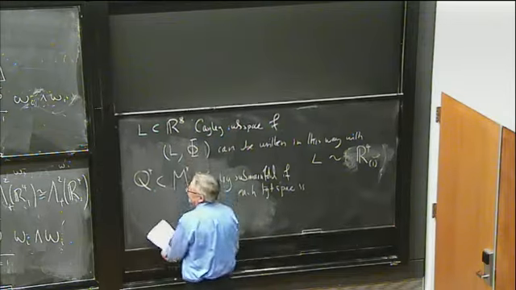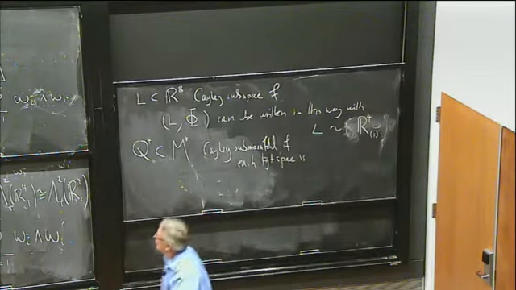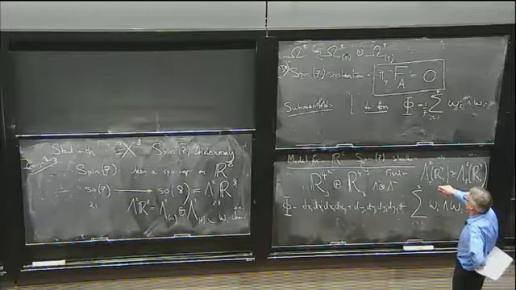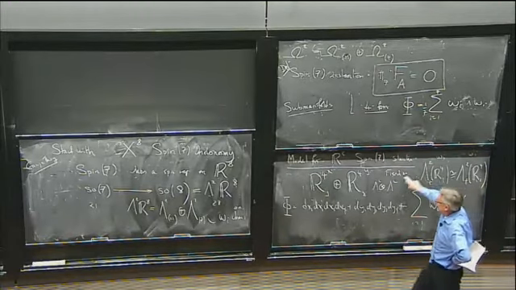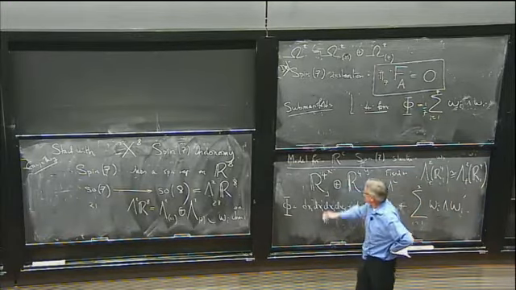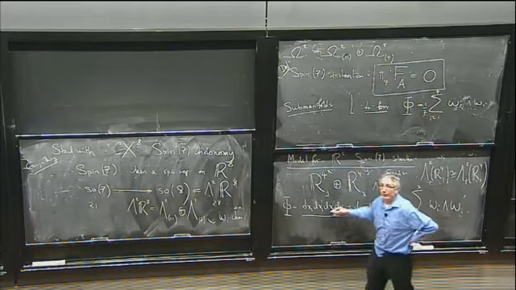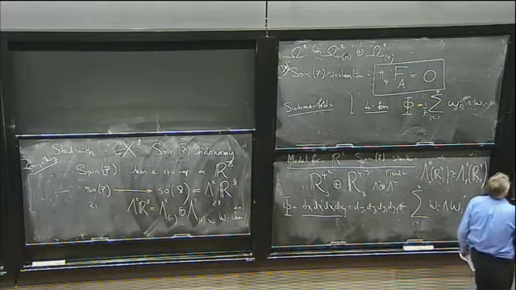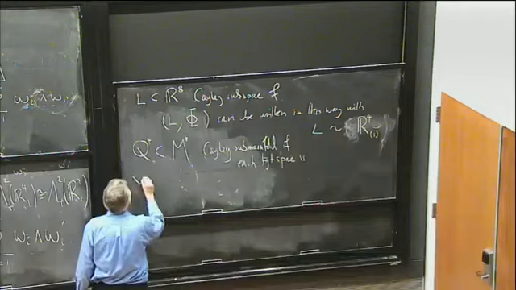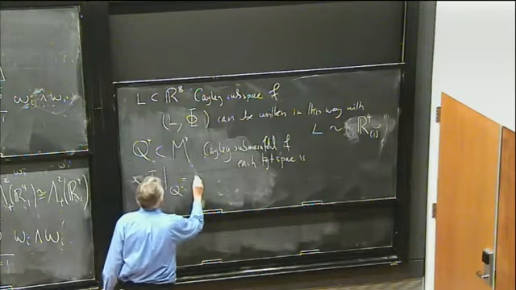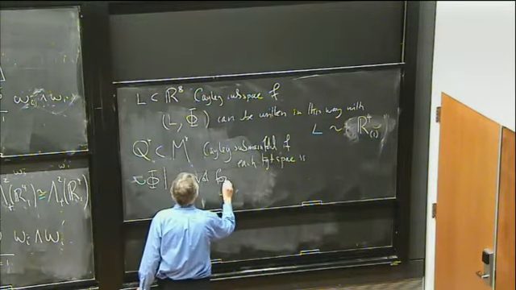Now, one of the salient points to notice about this is that if I restrict my 4 form to the subspace corresponding to L, then it gives the volume form. Psi restricted to Q is equal to the volume form.